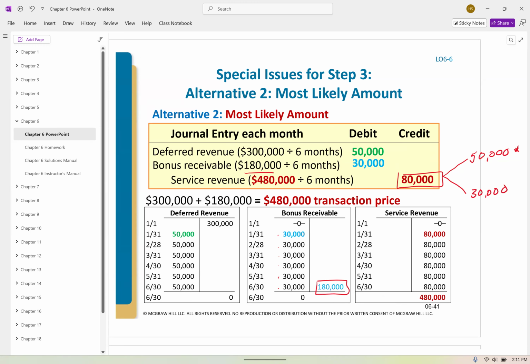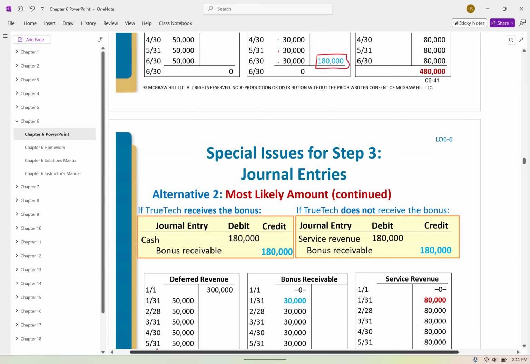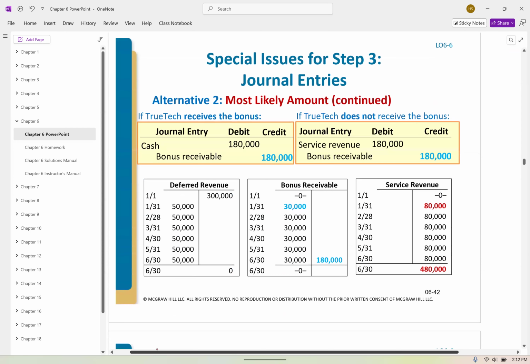It's just really the 50 and the 30. We've already gotten the 50,000. We've already gotten all of that in cash. We haven't gotten the bonus receivable. We won't get that till the end. Okay. All righty. So then let's assume that we're still underneath that most likely amount. If True Tech receives the bonus, then at the end, they're going to debit cash, credit the bonus receivable.